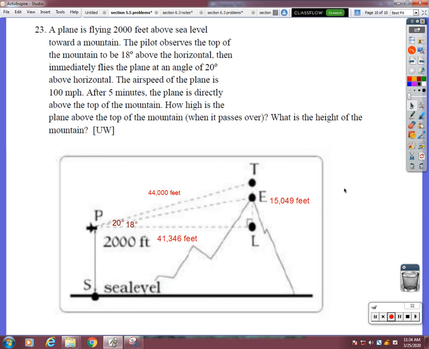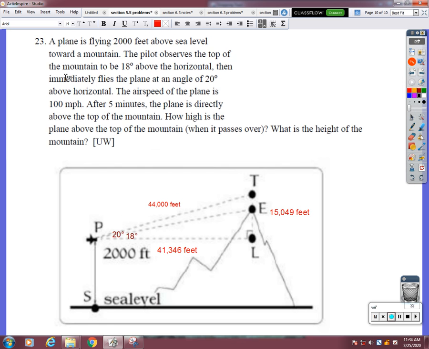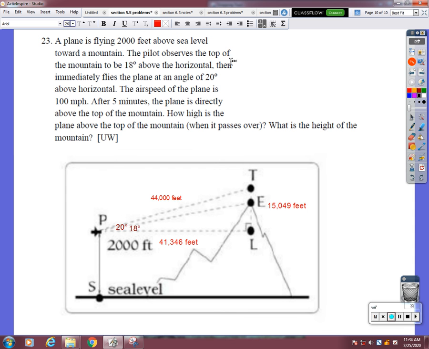Let's trash that. Now I'm going to focus on this smaller little triangle right here to find the distance EL, and then we will have all the information we need to answer all the questions about life, the universe, and everything. To do that, I am going to again go back to tangent. So tangent of 18 equals the opposite side, which is what we're trying to find, EL, divided by the adjacent side, 41,346.